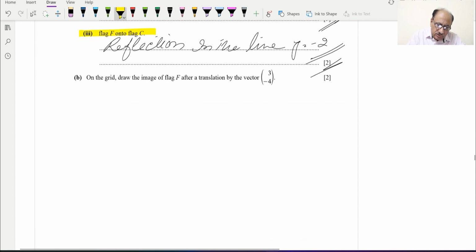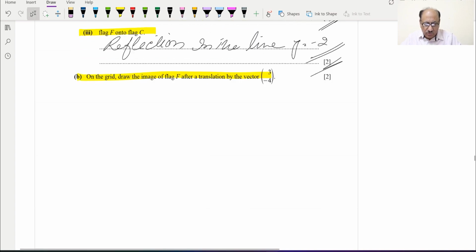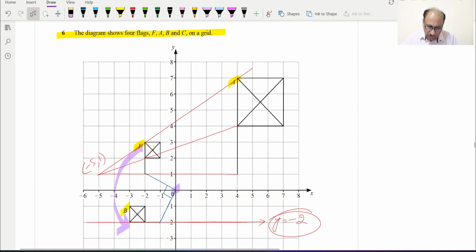Then they are saying on the grid draw the triangle of flag F after translation of the vector 3, -4. 3 units and -4 units we need to draw. So we'll check flag F, 3, -4.